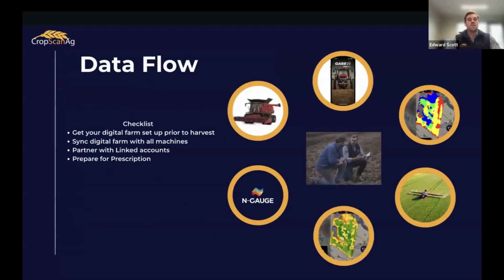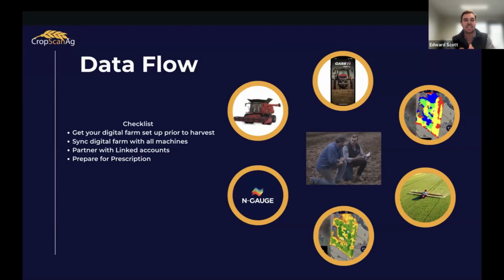So the data all starts to come together and make sense once we're in the header, collecting that information and working our way through. Where a lot of this data management has happened since the dawn of yield monitors has been that data not going beyond the combine, with the harvester being the key data collection tool at the end of the season to benchmark all that you've done during that year, and then the data just sits there.